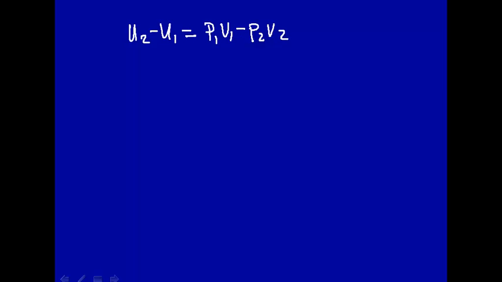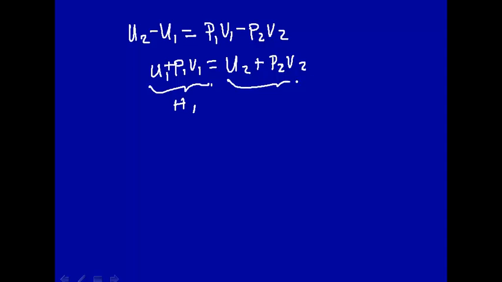If we rearrange this, put the 1's on this side, the 2's on this side, change signs and so on, we have U1 plus P1 V1 is equal to U2 plus P2 V2. All right, this is the enthalpy on side 1. This is the enthalpy on side 2.